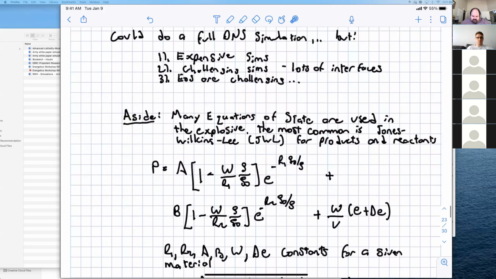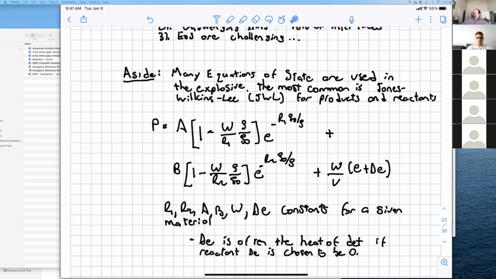Now, I am going to mention a little aside. When you're working with solid explosives, many equations of state are used for the explosive because you're dealing with extremely high pressure. You need an equation of state for the gas that accounts for the high pressure effects, because your gas density is on par with the solid, so non-ideal gas effects come into play.